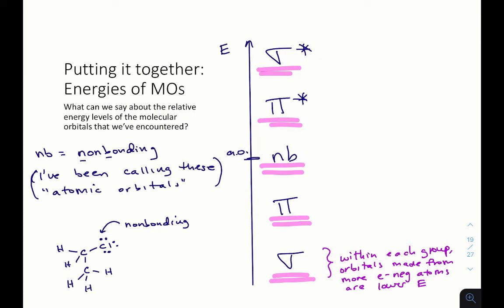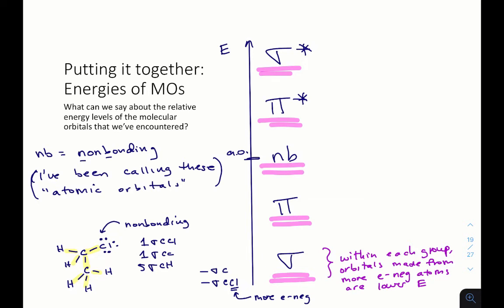And then we can think about sigma bonds for a minute. We have a bunch of sigma bonds: sigma CH, sigma CC, and sigma CCl. So let's write that out. The lowest energy orbital among these 7 is the sigma CCl orbital because chlorine is more electronegative than any of the other atoms that are bonding with carbon.